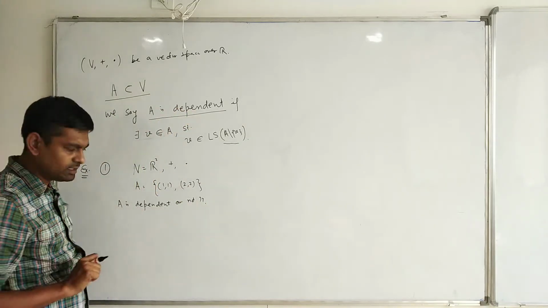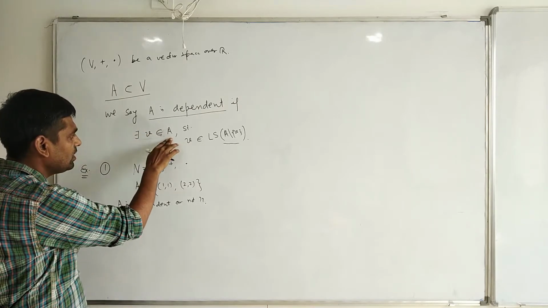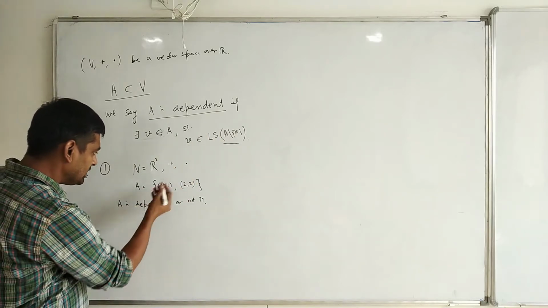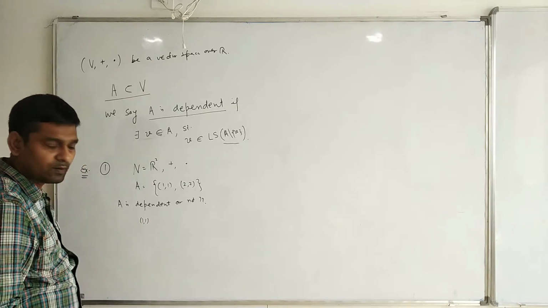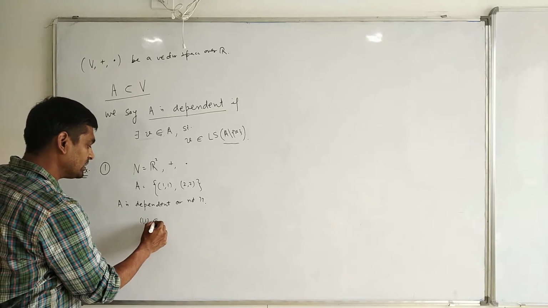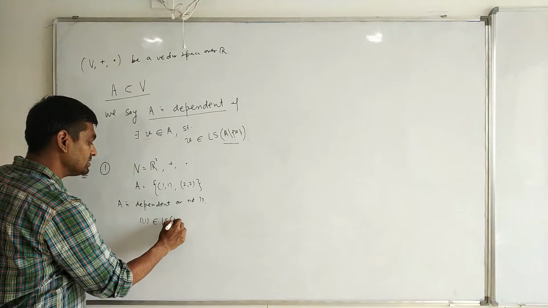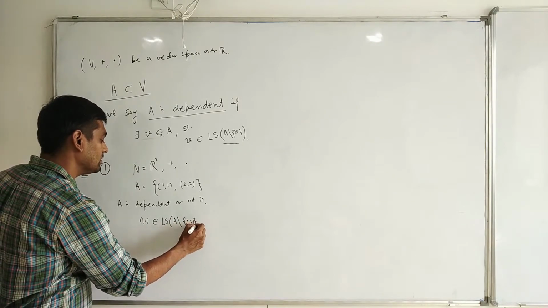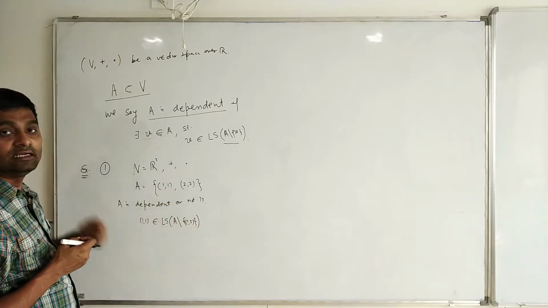So how will you proceed? You are looking at whether there is an element in A which can be written as a linear combination of the others. Basically, if we start from (1,1), we have to check whether (1,1) belongs to LS of A minus (1,1) or not. If we are able to do this, then we say that this set A is dependent.